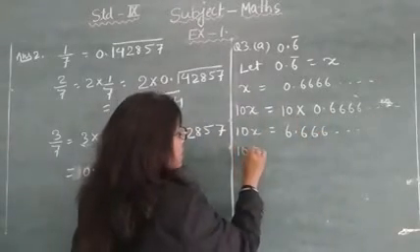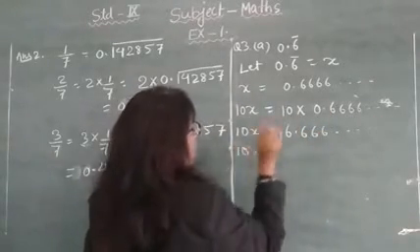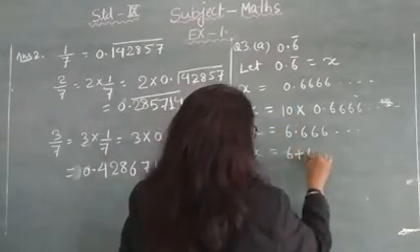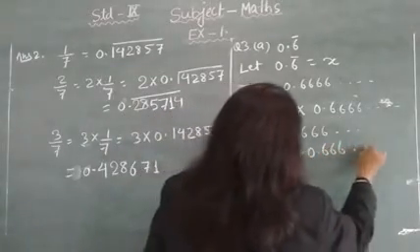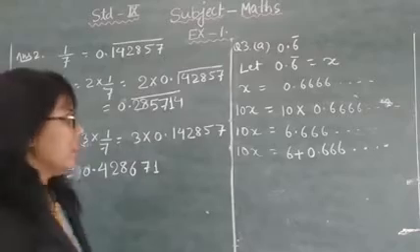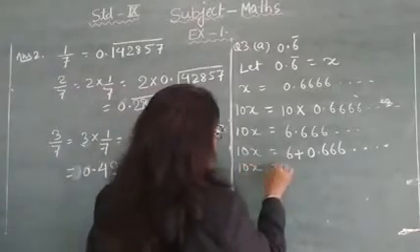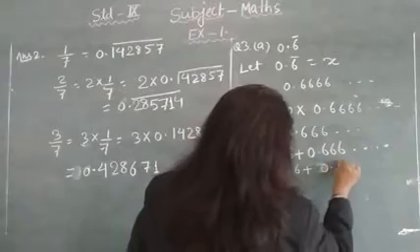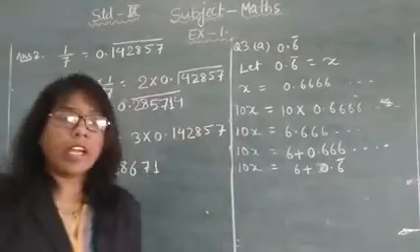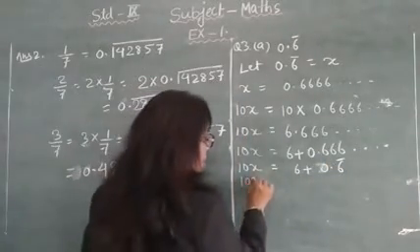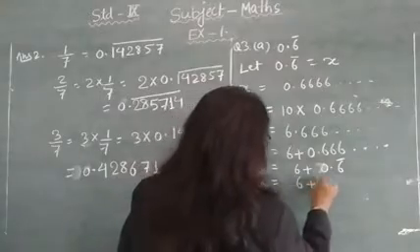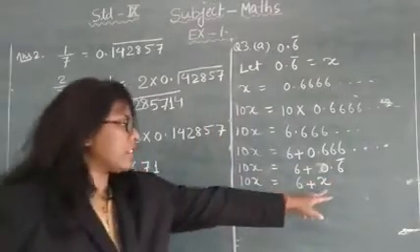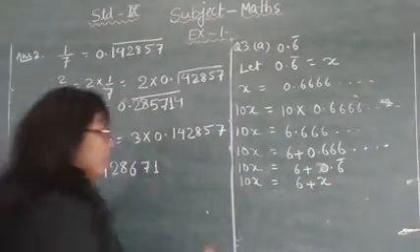So 10x is equal to 6 plus 0.6666, like that we can write. So 10x is equal to 6 plus 0.6 recurring we can write. So 10x is equal to 6 plus x. Now shift this x to the left-hand side.